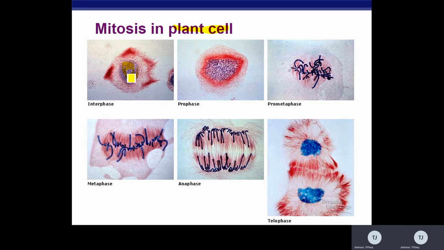Everybody knows how the chromatin looks kind of bunched up there. Prophase, it gets condensed. We're going to skip prometaphase. And then in metaphase, it kind of looks like stitches. The chromosomes are all lined up in the middle. Then anaphase, the chromosomes are being pulled. And then telophase is the end.